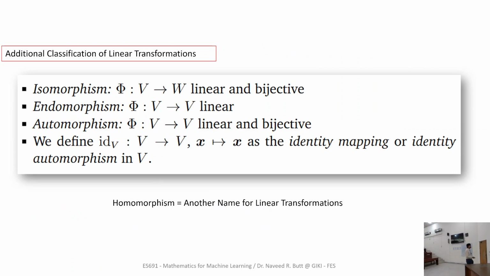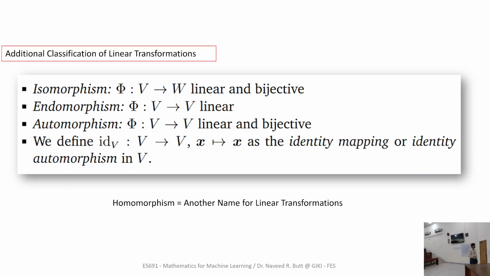We also wanted to go beyond that and say, okay, a homomorphism can be isomorphism, endomorphism, automorphism. All are linear, so they are all homomorphisms. That's a given. But then the isomorphism is just the invertible one.